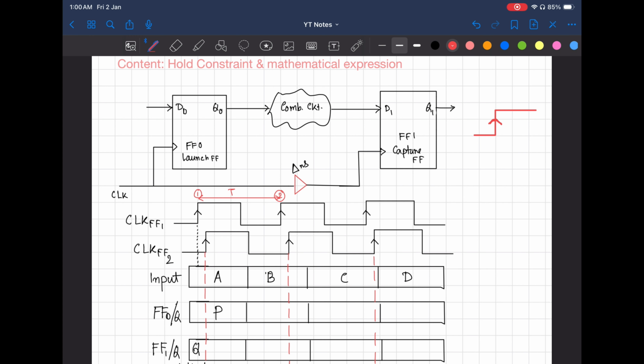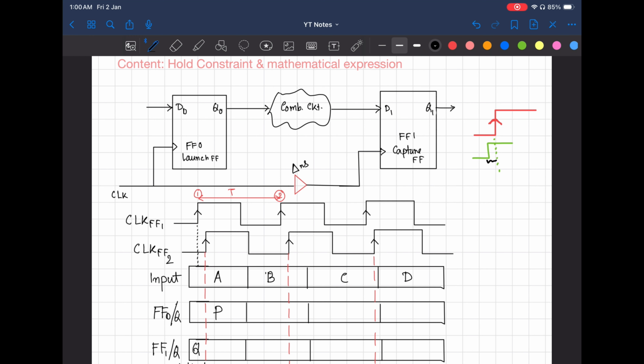Maybe this clock edge is actually the capture flip-flop at this point. In setup time, what am I talking about? I am talking about a small amount of time that will be there to set the data before the particular clock edge comes.